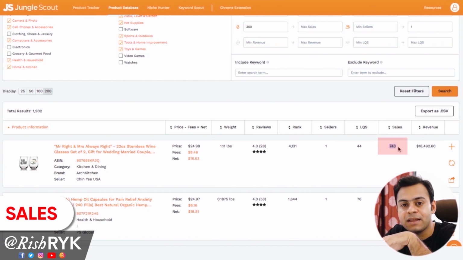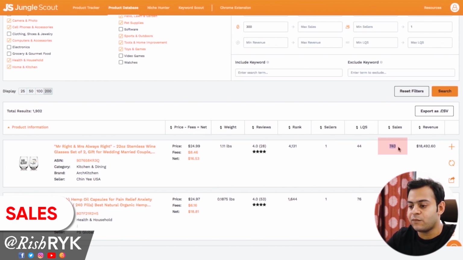So for example, since it's showing that it is selling about 740 units a month on average, that would mean it's selling about 24 units a day on average, which conservatively I would consider to be 15. With some error ratio.